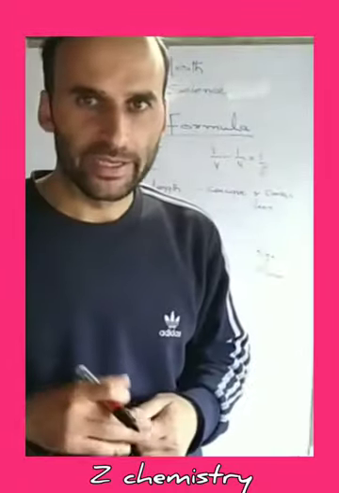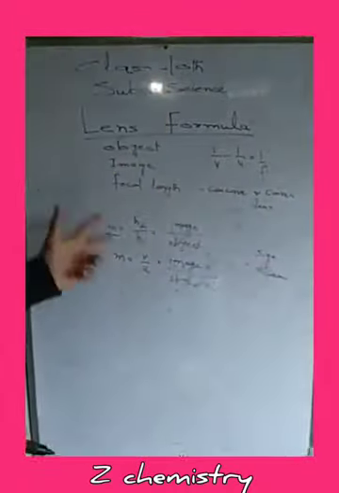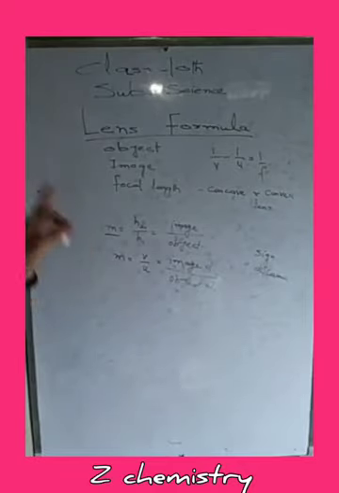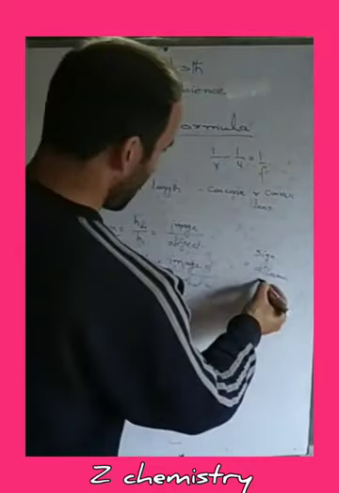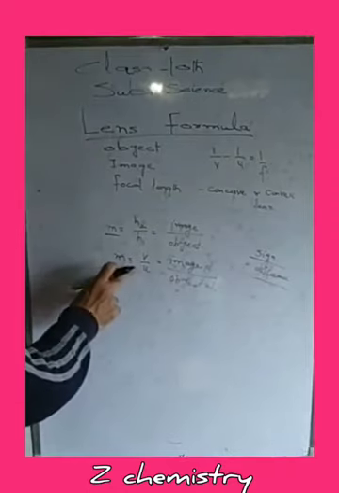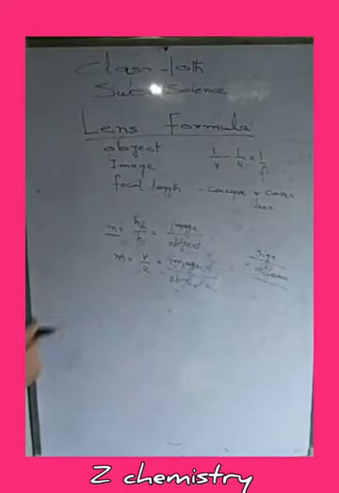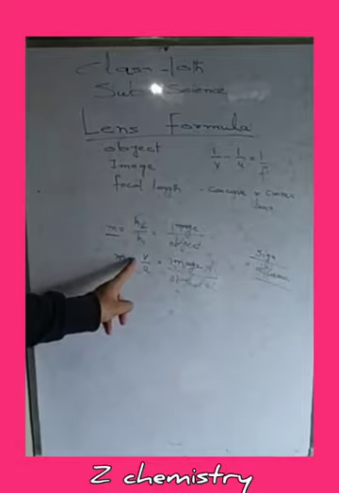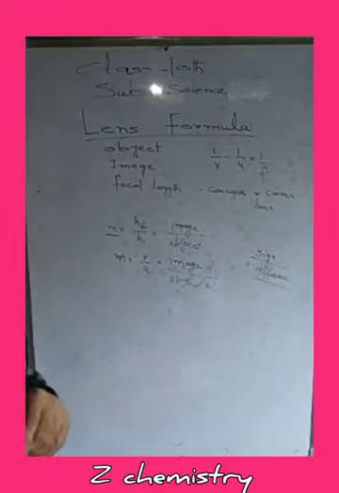And just like linear magnification in case of spherical mirrors, it is the same, but only differences of the sign, whereby we use a minus sign here, whereas in case of lenses there is no projection of the sign.